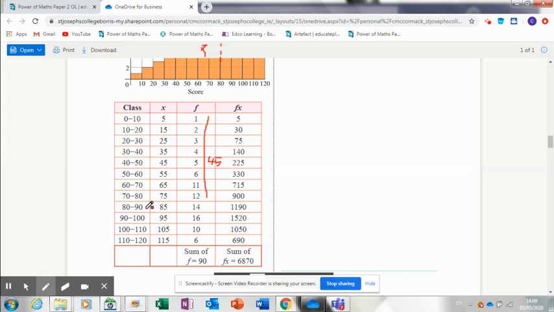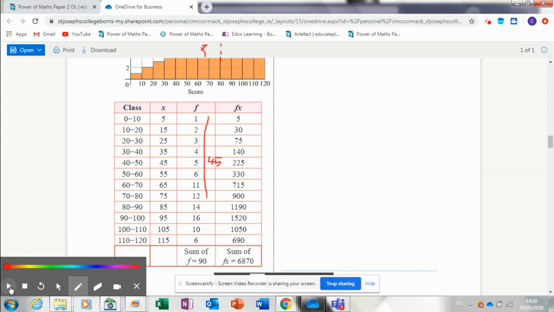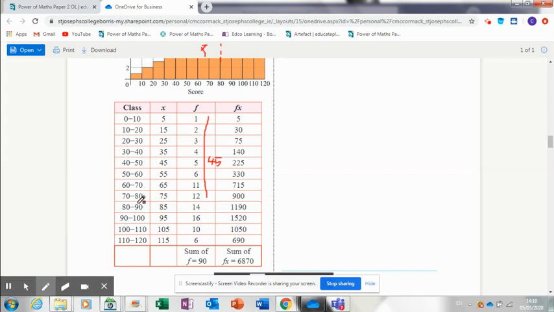So the 45.5th or the 46th value will occur in 80 to 90, in this class interval.